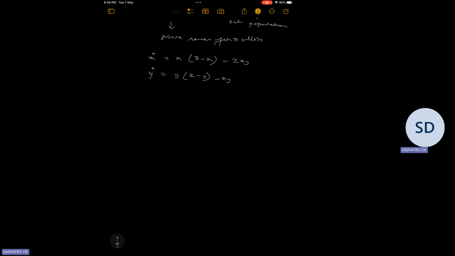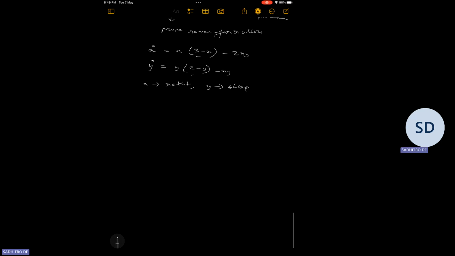So as you can see over here, x represents the rabbit population at any time t, and y represents the sheep population. So the growth rate of the rabbits is faster than sheep. That's why you have the factor of 3 over here and the factor of 2 over here.